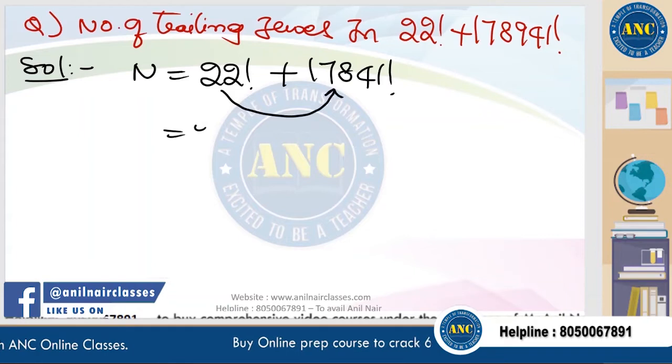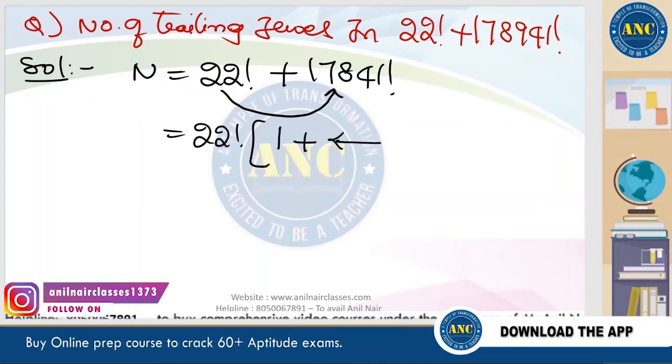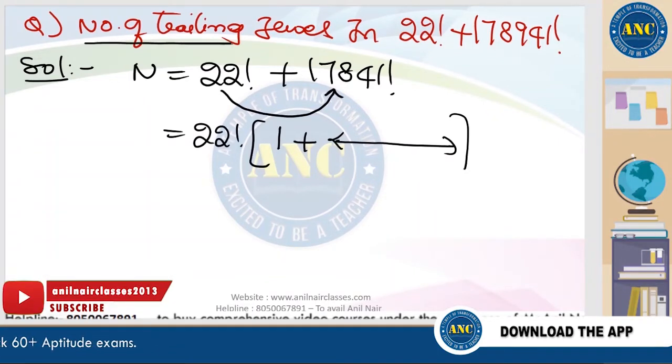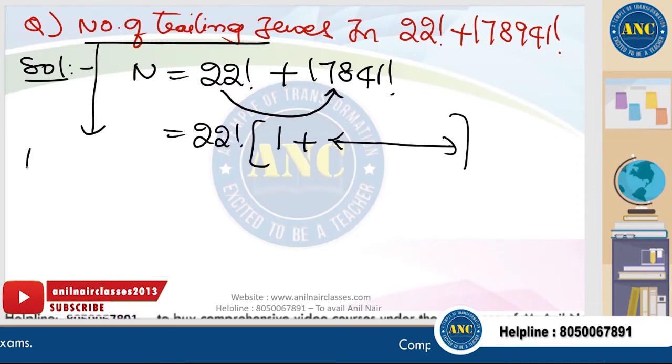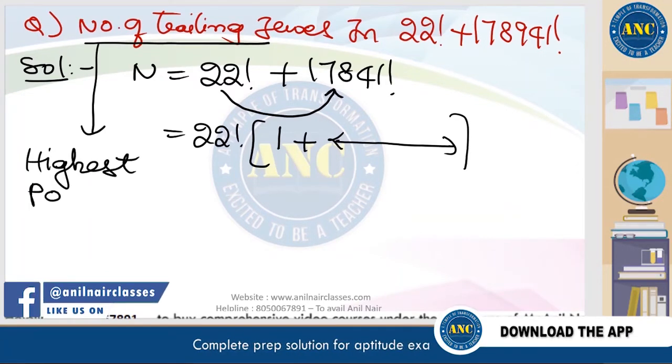So if I take 22 factorial common, I will get 1 plus something remaining. I want the number of trailing zeros, which is nothing but the highest power of 5.